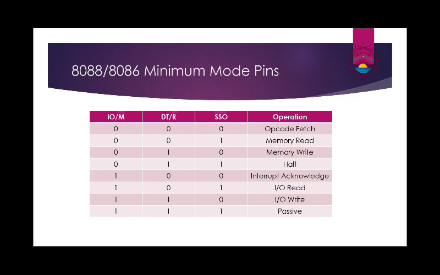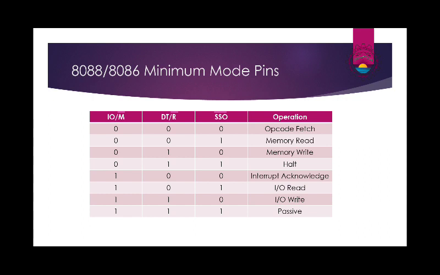The second last entry in this table is IO write bus cycle. During IO write bus cycle, IO is to be accessed by microprocessor and microprocessor has to output data to an output device. So microprocessor will be transmitting data through data bus and SS naught bar is 0 for IO write bus cycle.